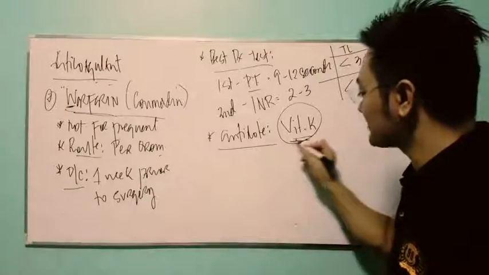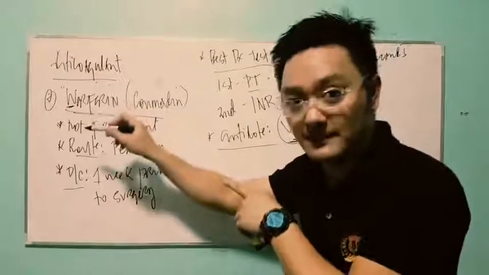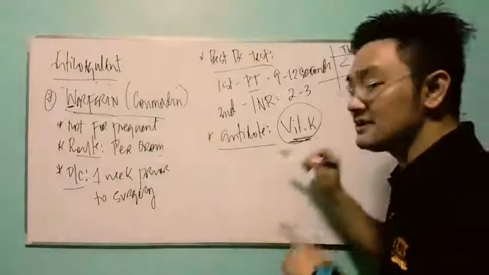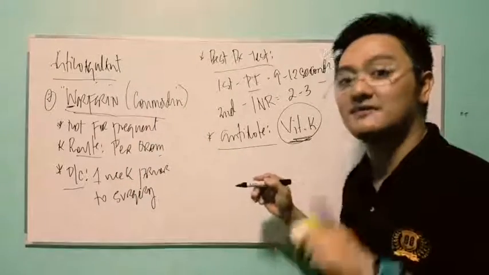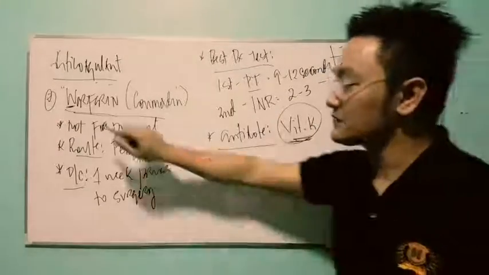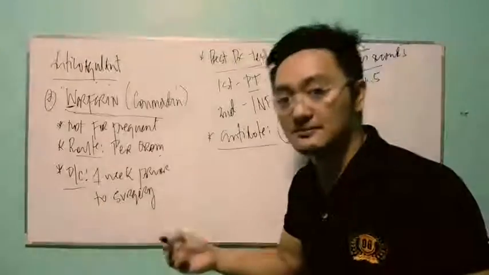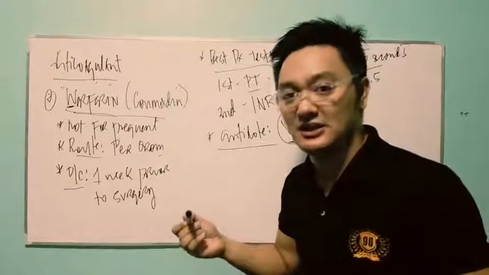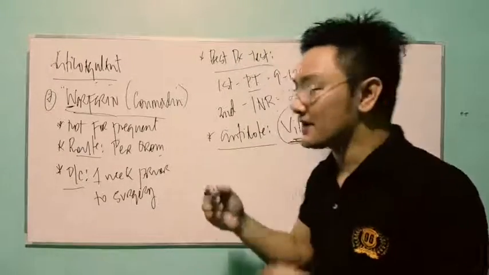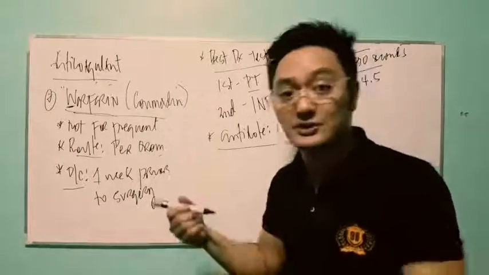Now, since I mentioned vitamin K, and vitamin K is the antidote for warfarin, remember, green leafy vegetables contain vitamin K. Therefore, common sense will tell us if your patient is on warfarin treatment, avoid eating green leafy vegetables because it will defeat the purpose of warfarin treatment.